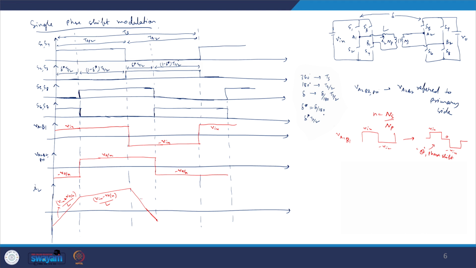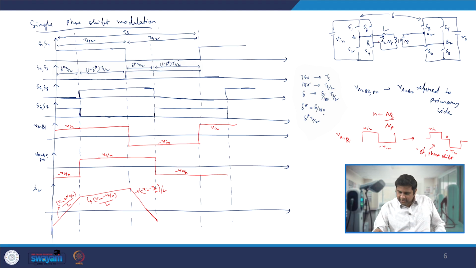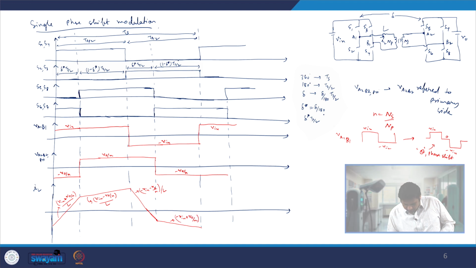In this case, we are applying minus V in plus or minus V naught by N by L slope, and from here to here we are applying minus V in from one side, on the other side we are applying minus V naught by N. That's when my slope is nothing but minus V in plus V naught by N by L.